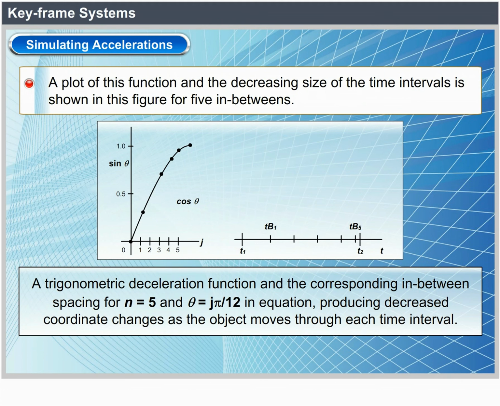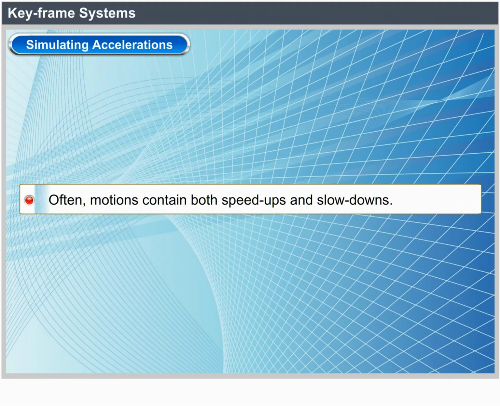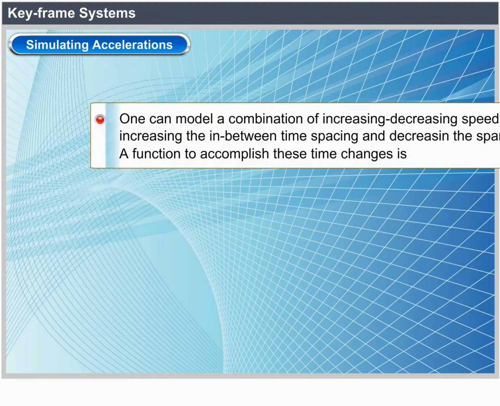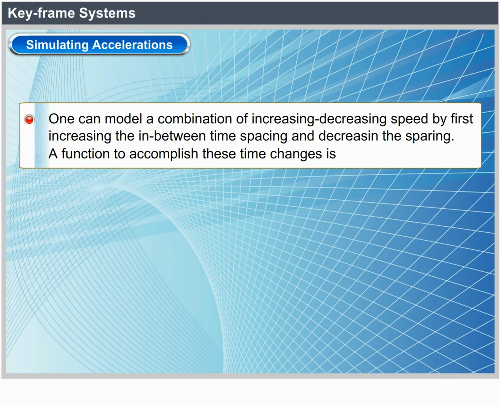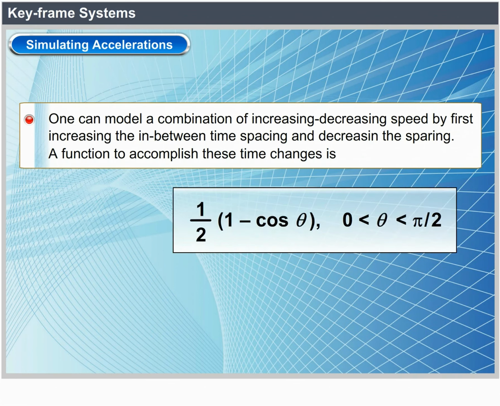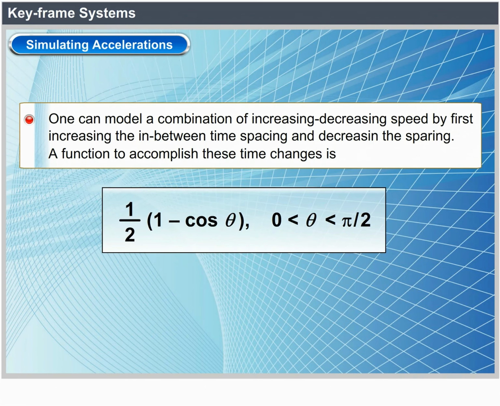Often, motions contain both speedups and slowdowns. We can model a combination of increasing and decreasing speed by first increasing the in-between time spacing, then we decrease this spacing. A function to accomplish these time changes is 1 by 2 of (1 minus cos theta), where theta lies between 0 and pi.